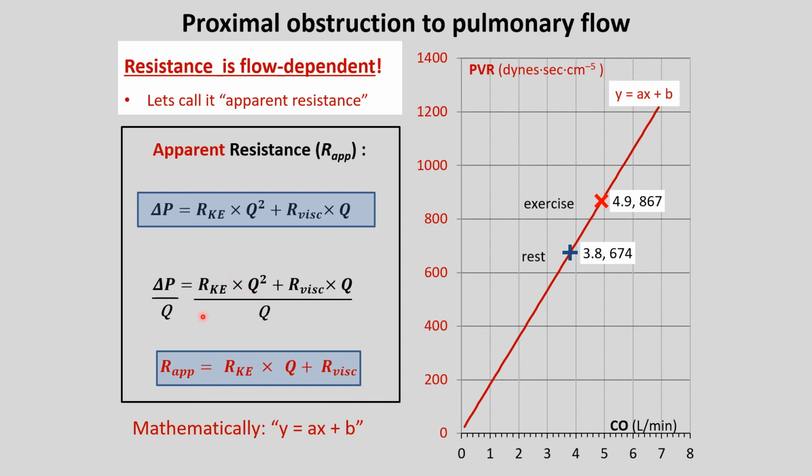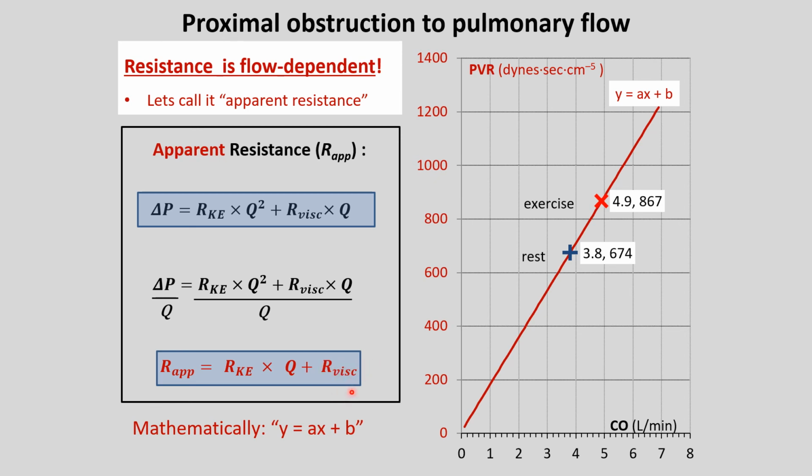And this term here becomes a resistance that's proportional to the flow. If you double the flow, you double the resistance. Plus this term, which is the Poiseuille term. When you divide by flow, then you have just the Poiseuille resistance as we know.